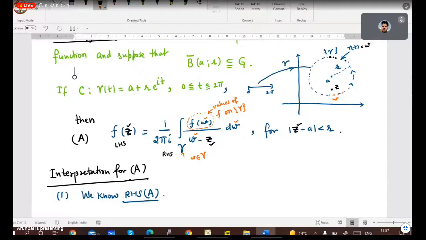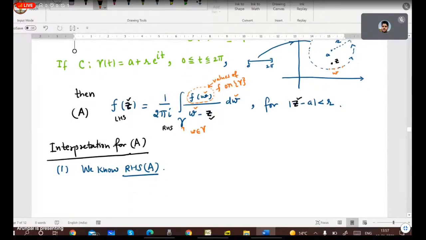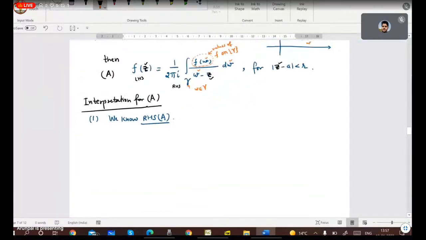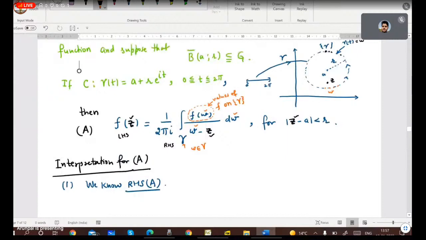Yes, sir. And now suppose you don't know the value of f at z, which is a point interior to this open ball.